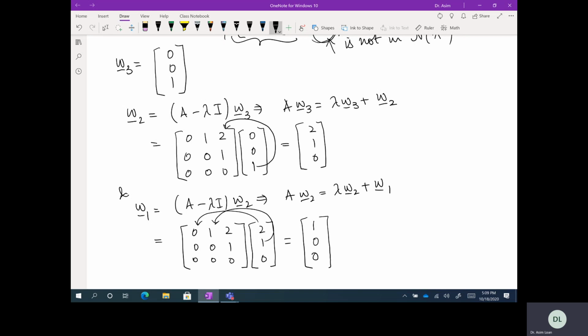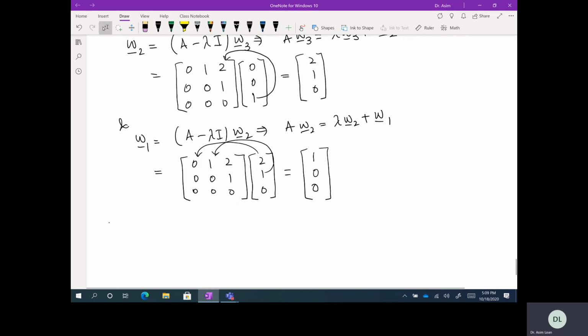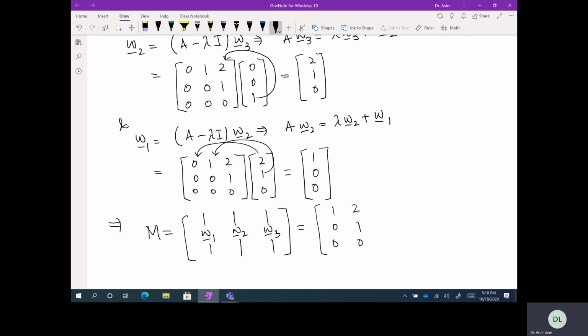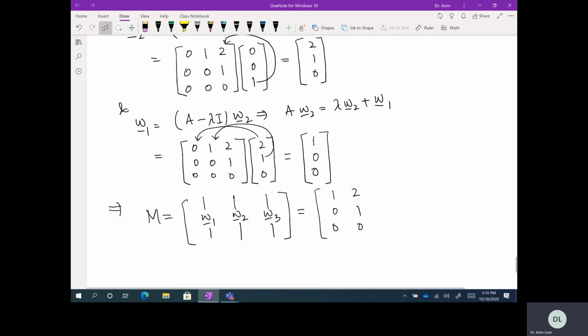So this implies M is W1, W2, and W3, which is equal to [1, 2, 0; 0, 1, 0; 0, 0, 1].